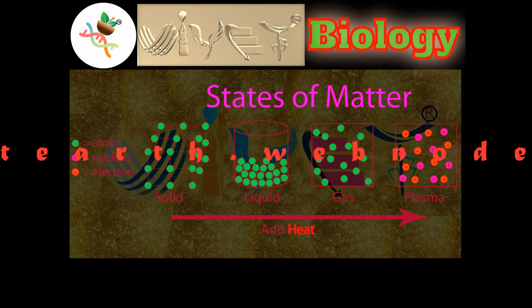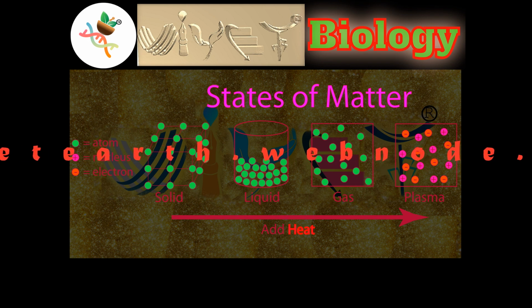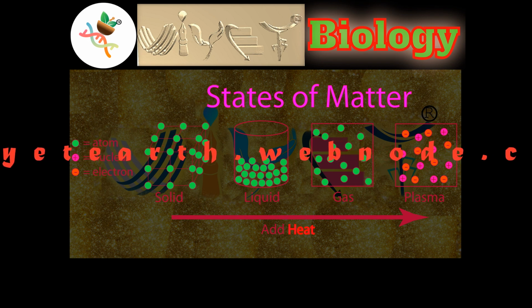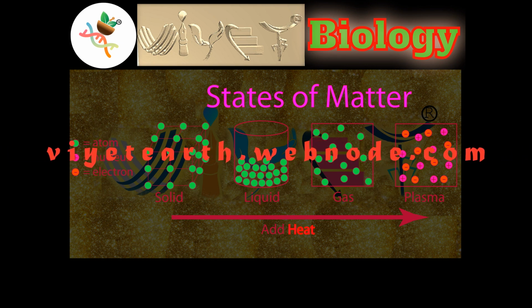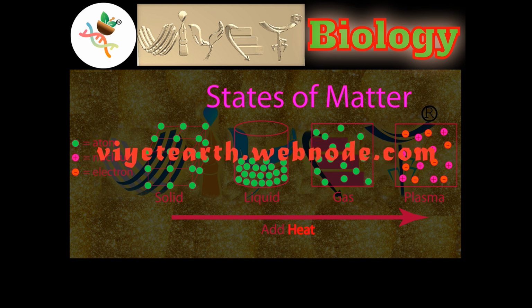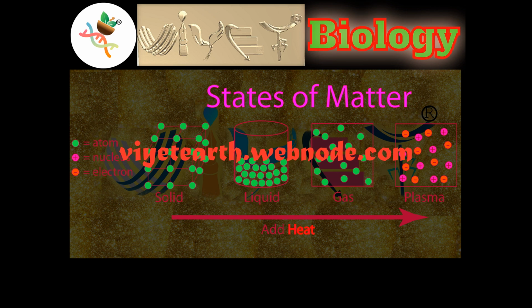Now in this particular picture, we are talking about plasma. We need to understand what the state of matter is when we talk about plasma. Plasma is not similar to a liquid. Liquid is a different thing and plasma is a different thing. In a liquid we can say there are atoms, but in plasma there are no atoms, all are electrons and ions. So the condition and composition are quite different.